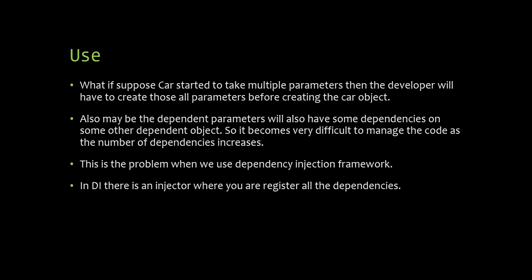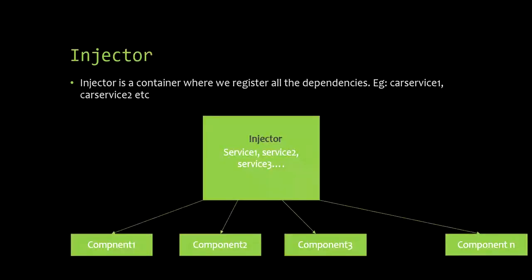In dependency injection there is an injector where you register all the dependencies. So here we have the injector container where we register all the dependencies like service 1, service 2, etc., and we simply use them in the constructors of components 1, 2, 3 and so on.